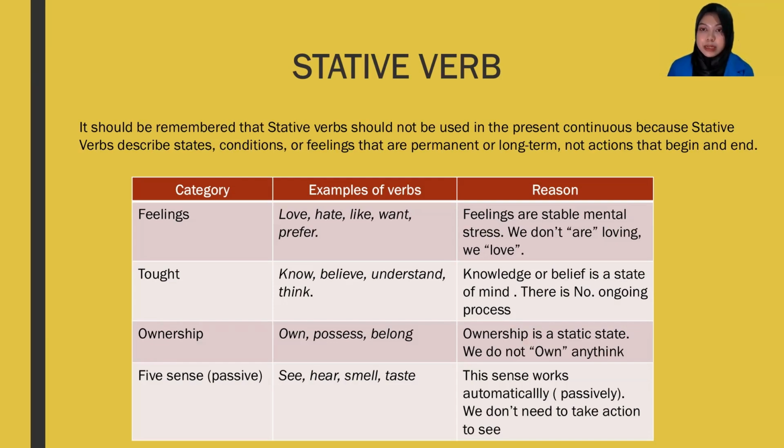We do not say are owning anything. And the last category is senses, or passive: see, hear, smell, and taste. These senses work automatically or passively. We don't need to take action to see.